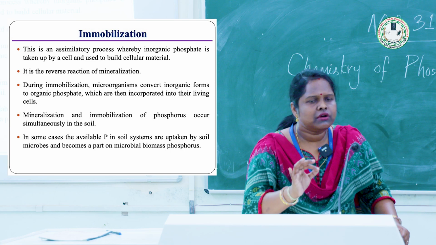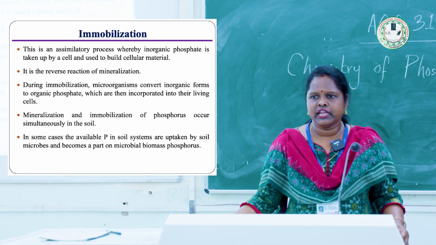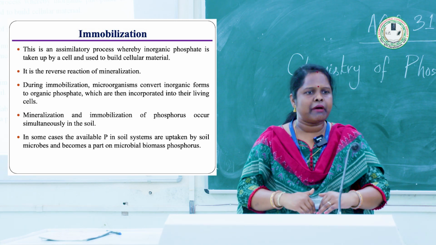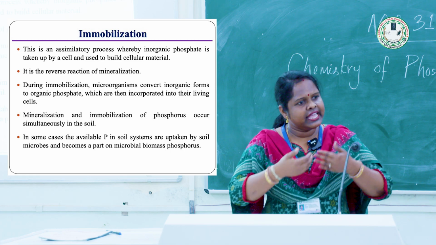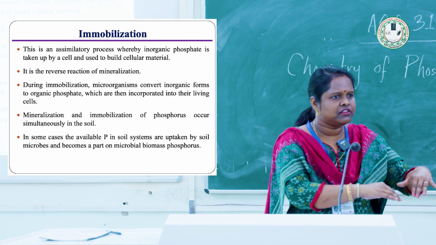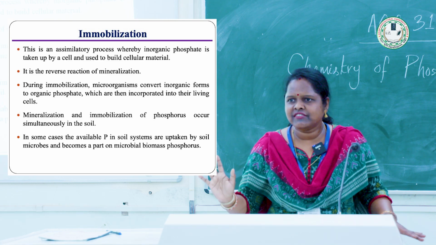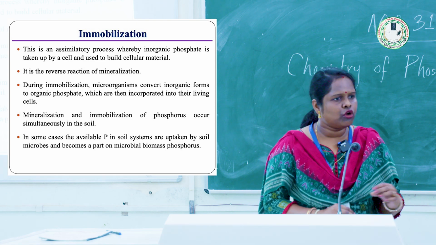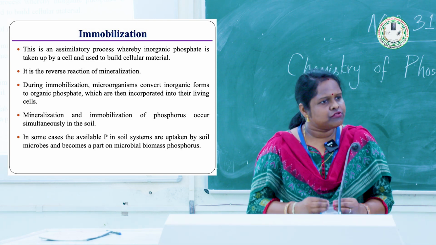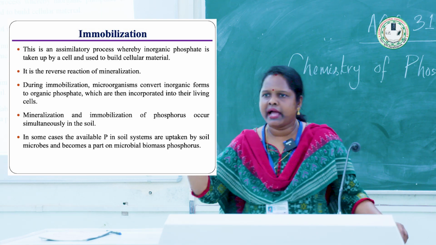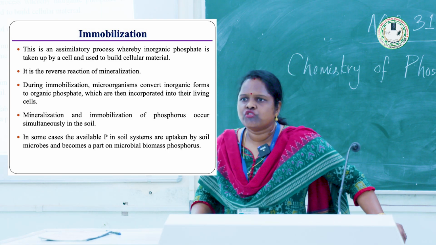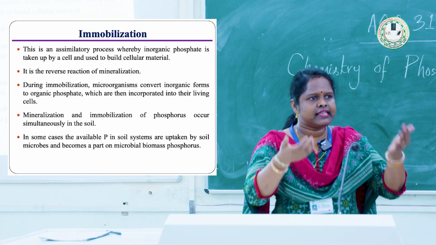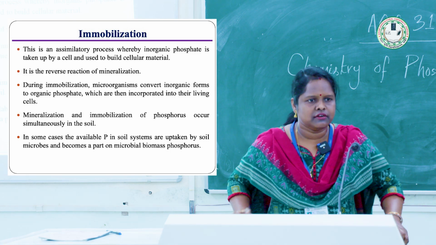Means the inorganic part of the phosphates is assimilated by the microorganisms, for which it is now coming to the organic system. Microorganism is a living system, so it's an organic form. After the decay of the microorganisms, this phosphorus becomes microbial biomass phosphorus. So for immobilization, you always remember the inorganic part of the phosphorus gets assimilated by the microorganisms.